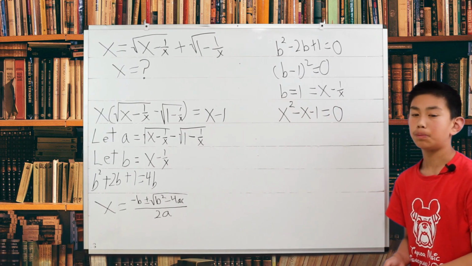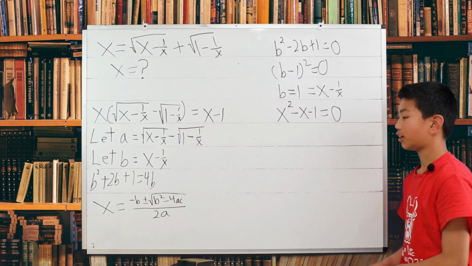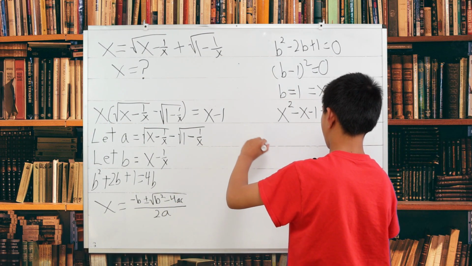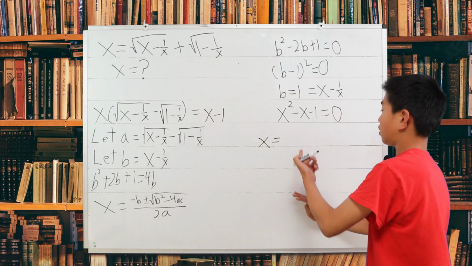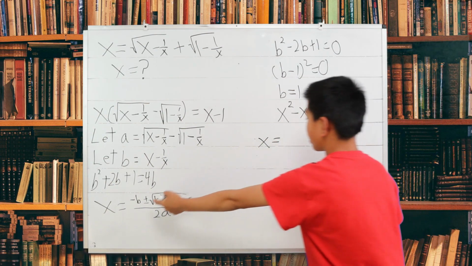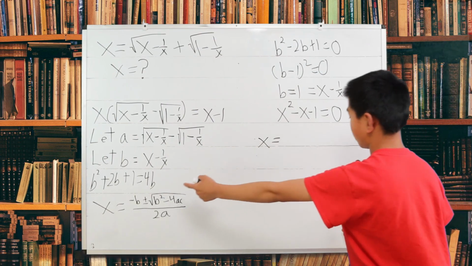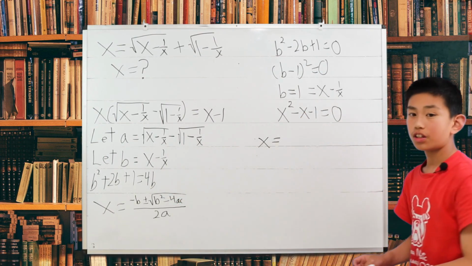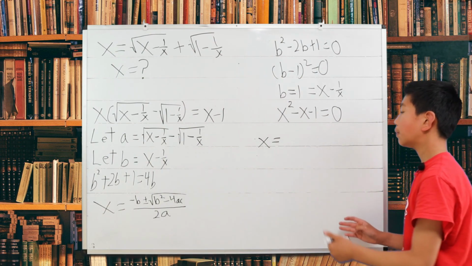Now we apply the quadratic formula right here. So we now know that x is equal to negative b. The first thing is negative b, and this is negative 1. So the negative of a negative 1 is positive 1.